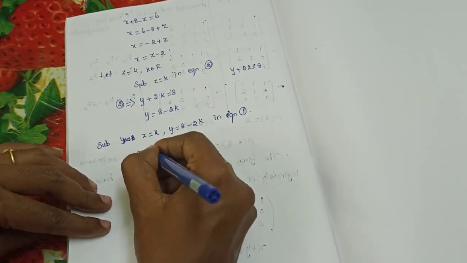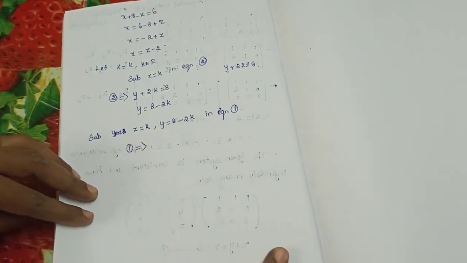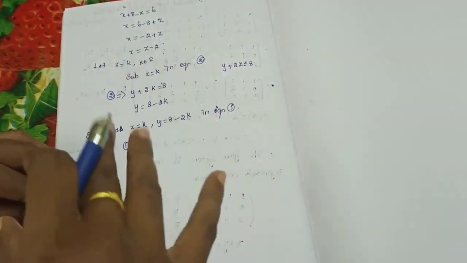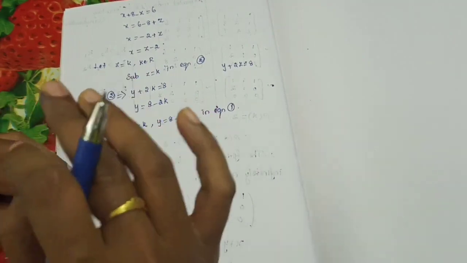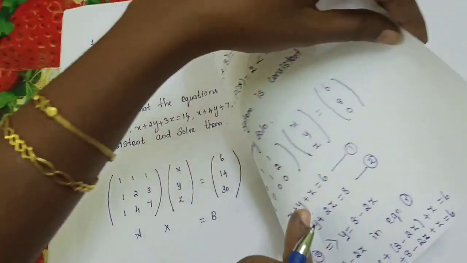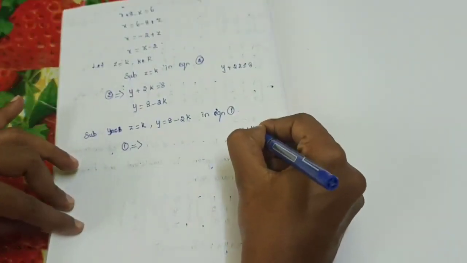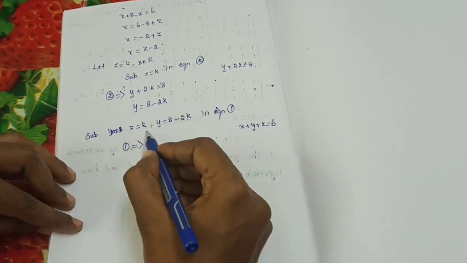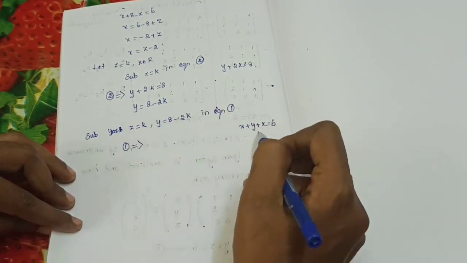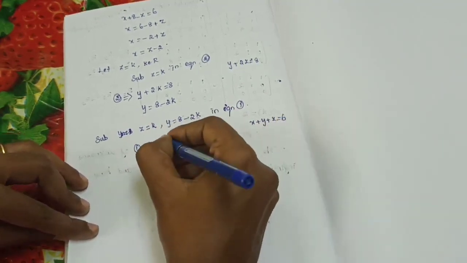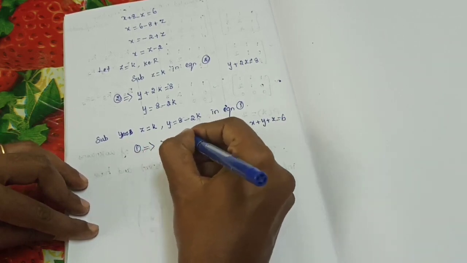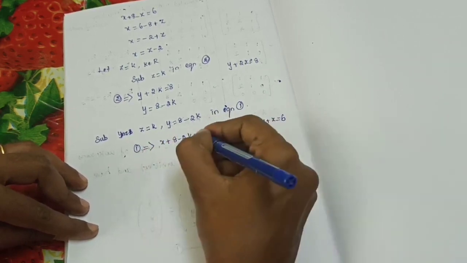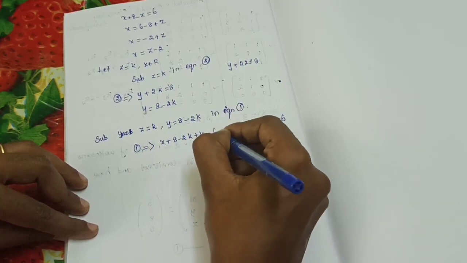This solving, everything you have learned from 10th standard onwards, so you should be very thorough in this section. So equation 1: x plus y plus z is equal to 6. I am going to substitute this particular z and y value in this equation. What will happen? x plus 8 minus 2k plus k is equal to 6.